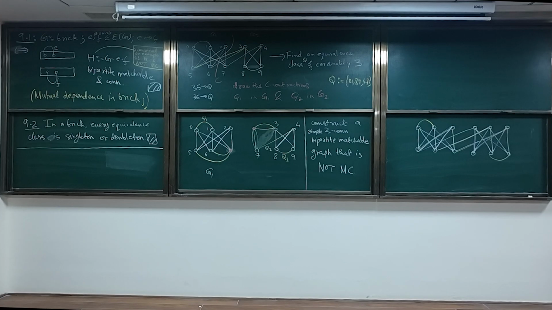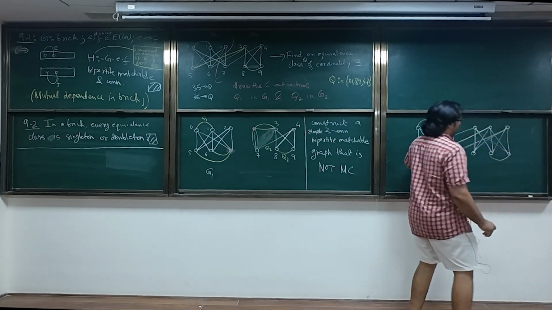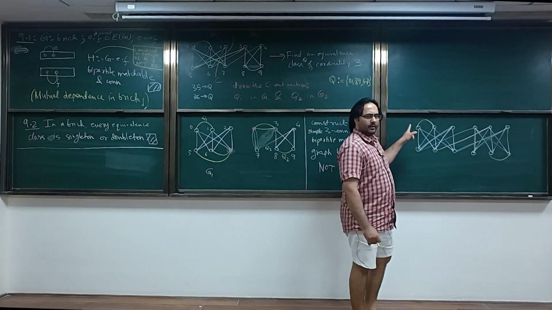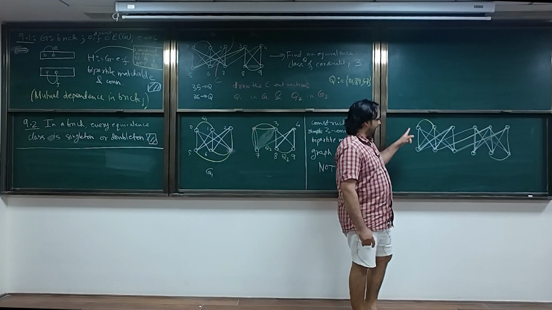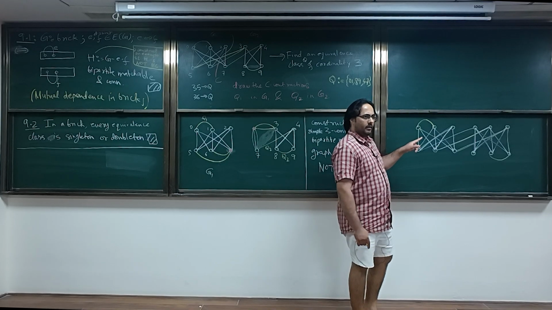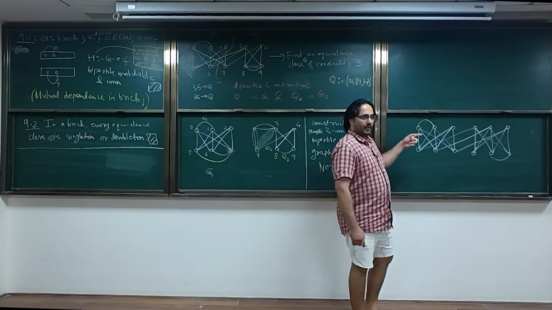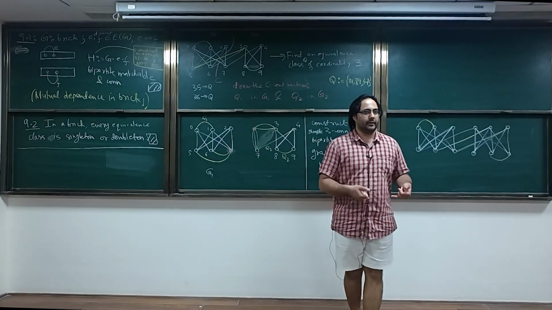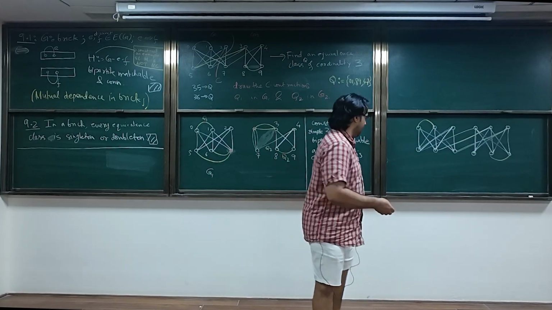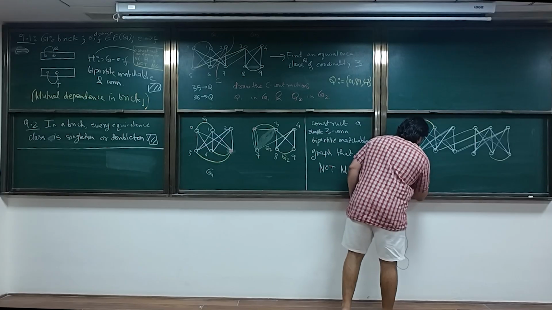That's basically what I'm trying to demonstrate: just because a brick has mutually dependent edges does not mean it is near bipartite. In fact, I think this graph probably has no so-called removable doubleton, if I'm not mistaken. This is actually a brick that is, I think, not near bipartite. For that, you will have to check that there is no pair of edges whose deletion gives you a bipartite matching covered graph. DIY.